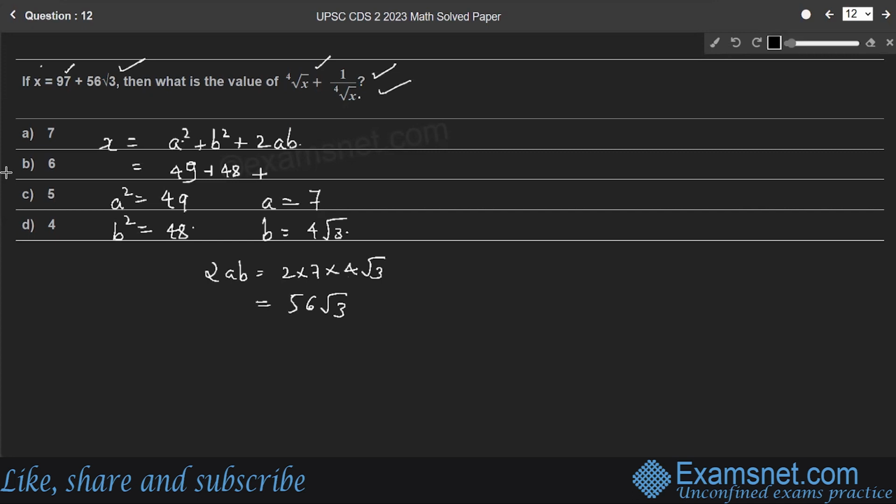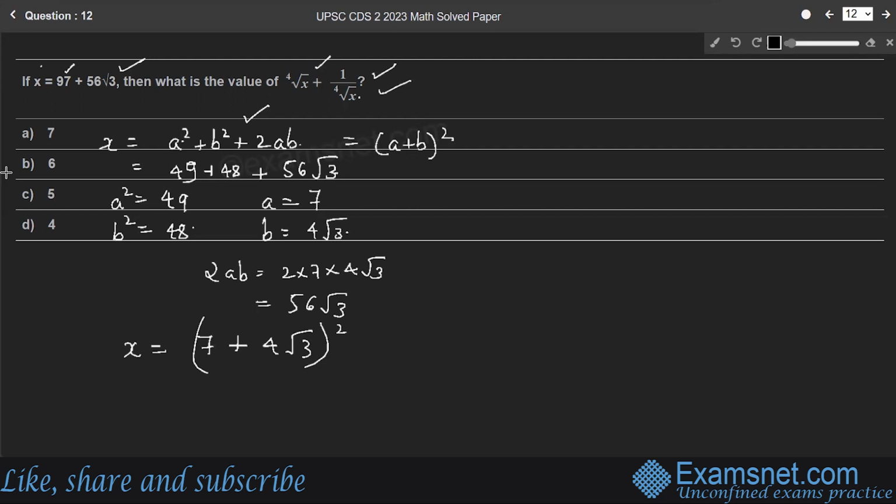Therefore, we can write x as a square plus b square plus 2ab. Here 2ab is 56 root 3. Or a plus b whole square. Both are same, where a is 7, plus b is 4 into root 3, the whole square. So x is 7 plus 4 root 3, the whole square.